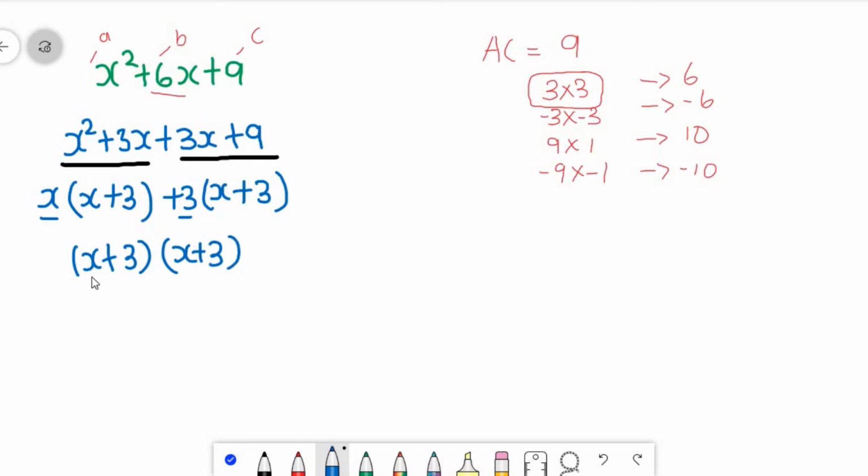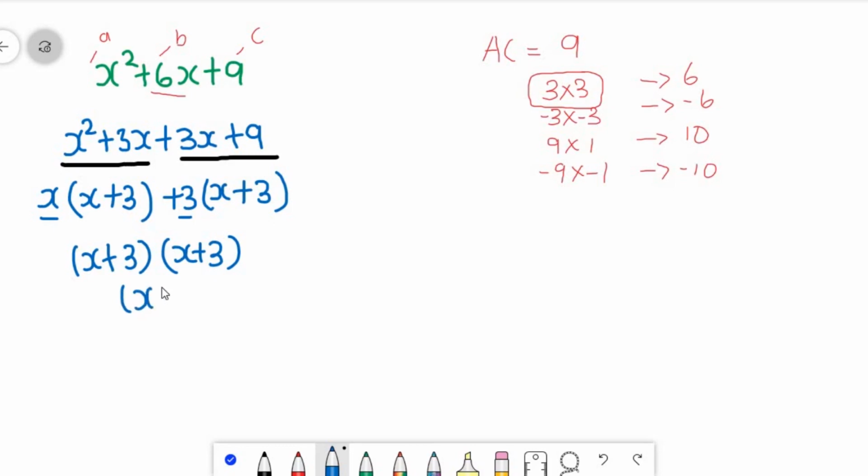Now, if we realize the two examples that we worked previously, both brackets had different terms. But in this example, both brackets are identical. In this case, because both brackets have the same thing, we actually call this a perfect square, because when we finish factorizing it, we found that both brackets have the same thing.